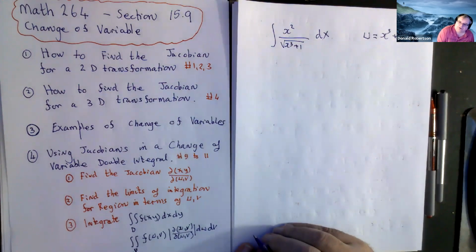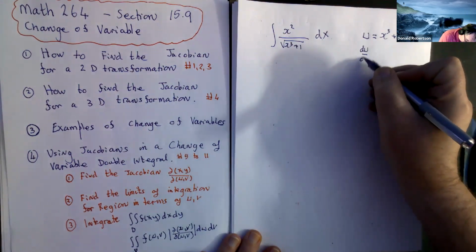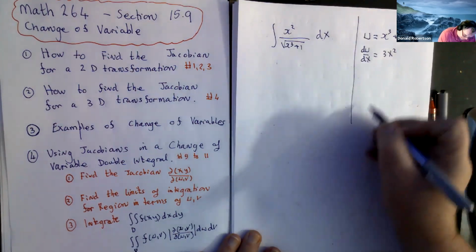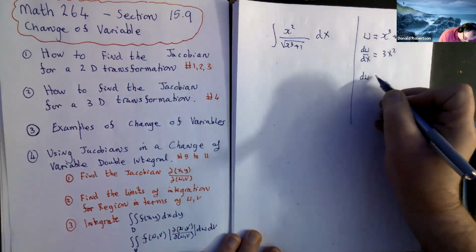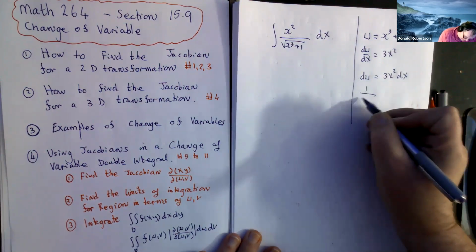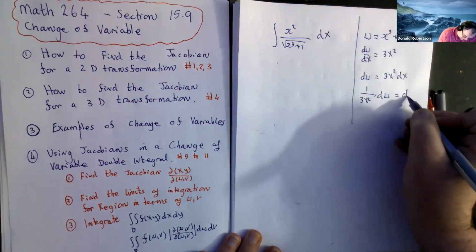So the u sub here would be x cubed plus 1. You differentiate with respect to x. You do the crossover. And then you divide everybody, in this case, by 3x squared to isolate the dx.